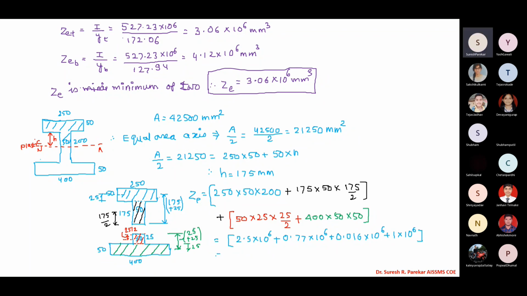And then we have this value equal to 4.29 into 10 raised to 6 millimeter cube. This is value of ZP.